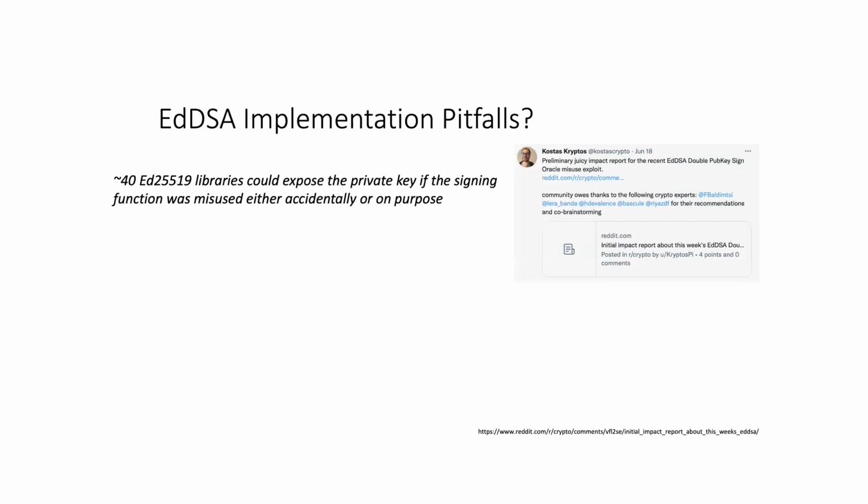So I just want to mention this because it popped up a couple of days ago, and many of you might have seen it on Twitter. As I said before, ECDSA is the deterministic version of Schnorr, and I want to highlight an implementation pitfall that was discussed on Twitter by Kostas Halkias, one of the Sui Mysten Labs cryptographers.